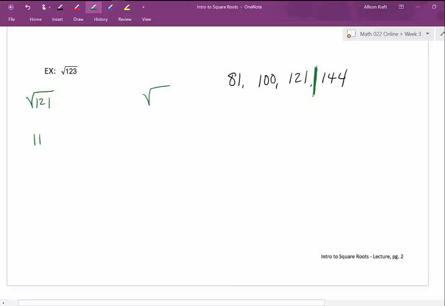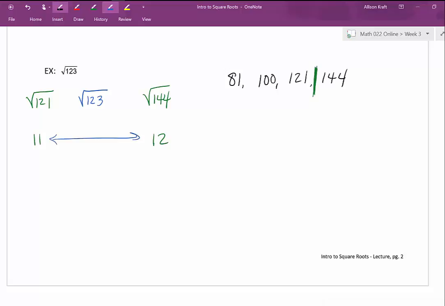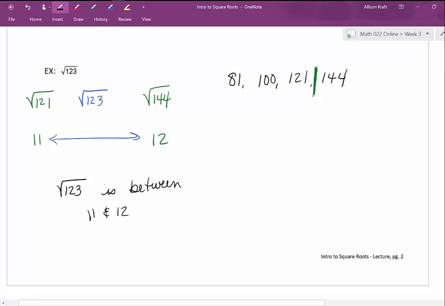The square root of 144 is 12. 123 falls in between those two numbers, therefore its square root should fall in between these two numbers. The square root of 123 is between 11 and 12.